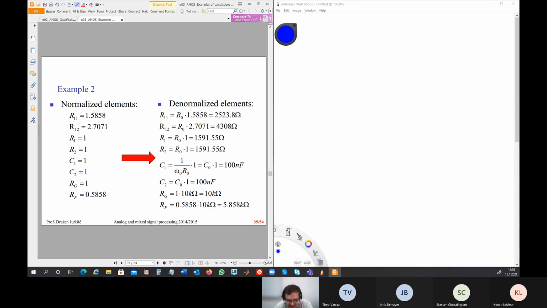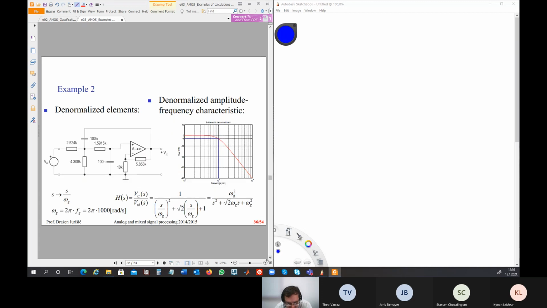And if we make denormalization, we obtain the following elements here. Here is the way how you do it. For example, you see this is 2.5 kilo ohm, 4.3 kilo ohm, and so on. You have 100 nanofarad and so on. And then if you put it into the circuit, you obtain the following transfer function.